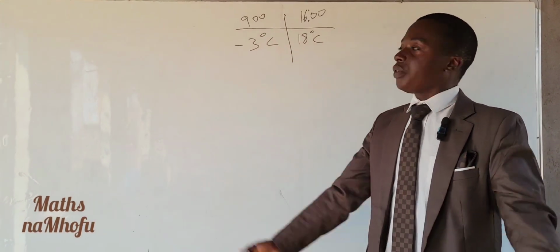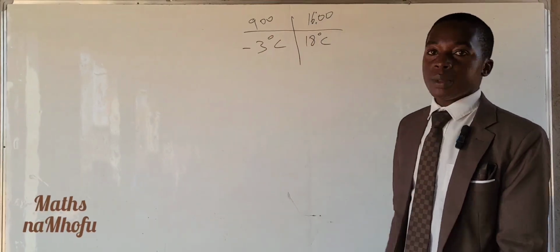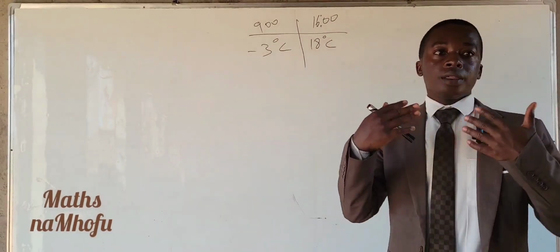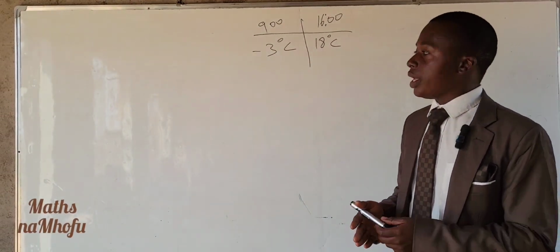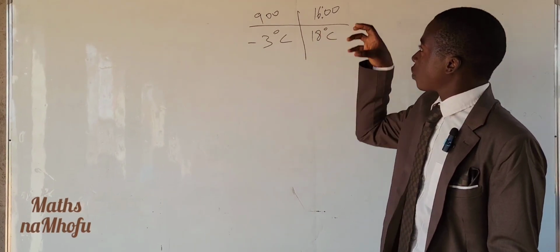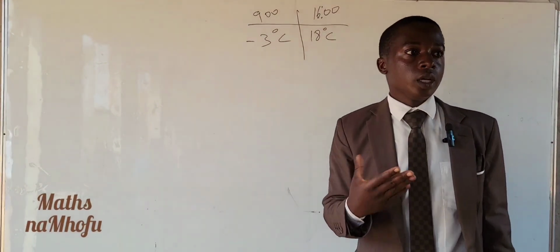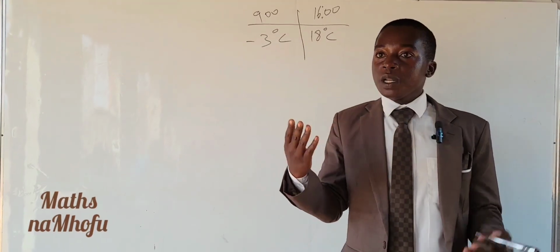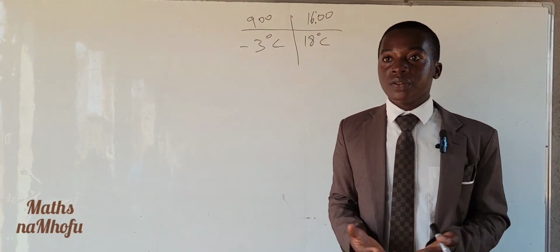Yeah, you can still even use your fingers. From 9 up to 12, how many hours do we have? We have 3 hours, isn't it? Then those 3 hours, let us now deal with from 12 up to 4. How many hours do we have? We have 4 hours, right? So 3 plus 4, what do we get? We get a 7. Are we together?